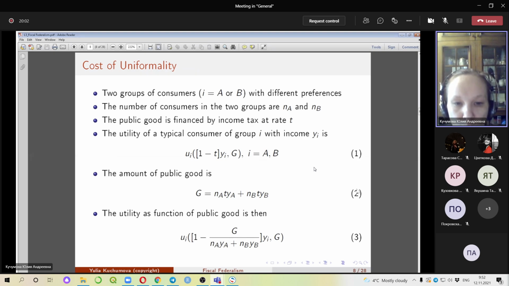It is just to focus on the effects produced by the public good G. You see that with more public good G, there are two effects. First of all, the utility directly depends on the public good G because people value it, but at the same time, in order to provide that public good, they need to pay higher taxes, and higher taxes means less money on the private good. So this is a negative effect on the utility of having more public good.